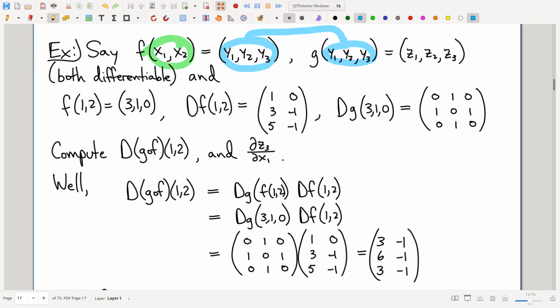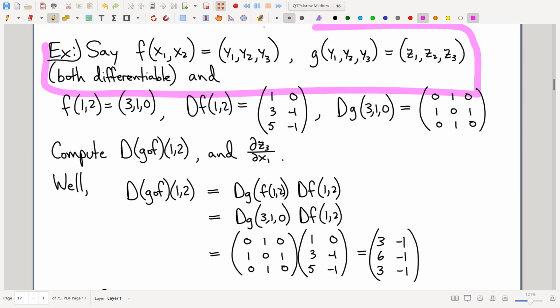What comes out of the first function has to be what goes into the second function. And then there's Z world, which is what comes out of the G function. Okay, so I'm setting that up, and I'm also going to give you for free, not only are these functions with those variables, by the way, both differentiable. We need that differentiability so the chain rule works. It is that condition that we have to have.